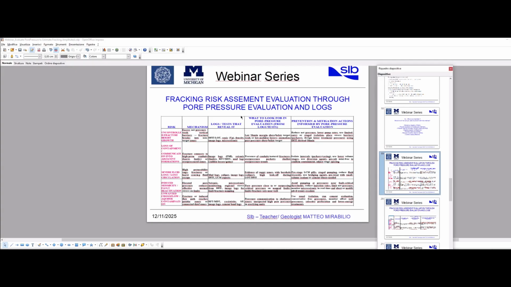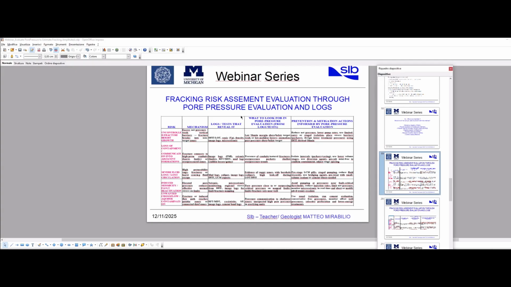Another risk is loss of containment and communication to adjacent formation. It's not recommended because you can break the normal barrier that you have, and the mechanism of fracture connecting different heights of reservoir can be really dangerous.